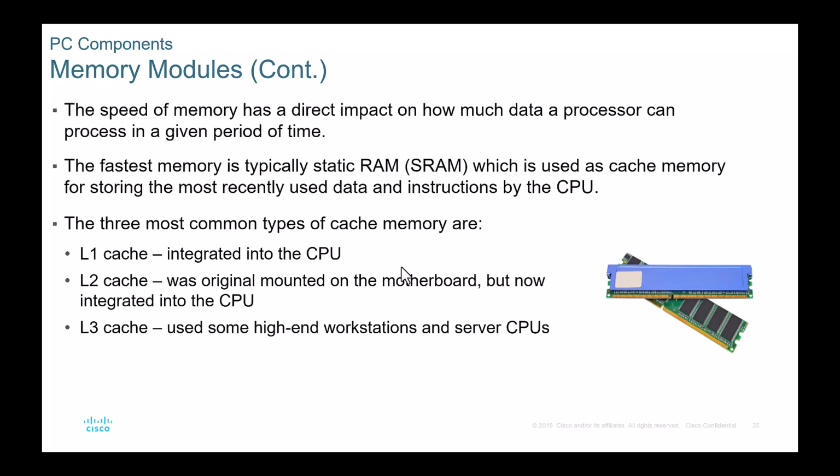So the cache is actually on the CPU itself, so it's important when you're pricing out different CPUs to check the sizes of your cache as well. L3 is more for higher-end workstations and servers, so you might not run into that.